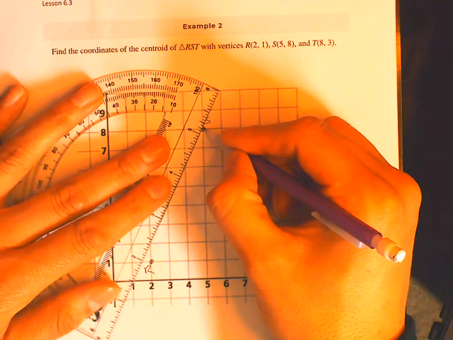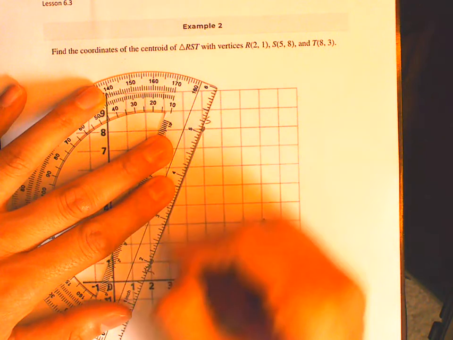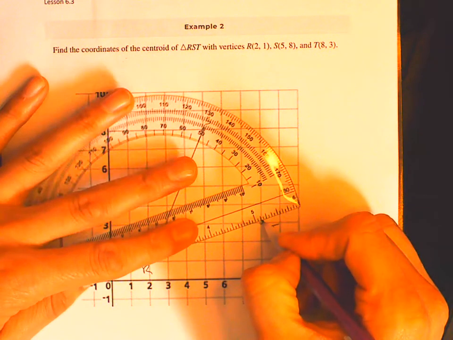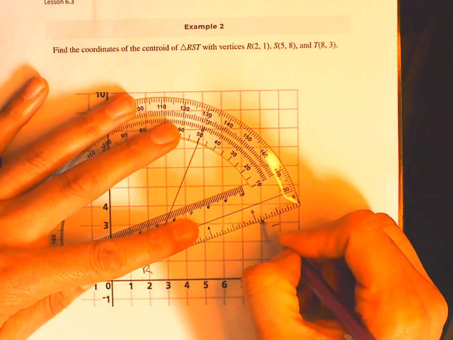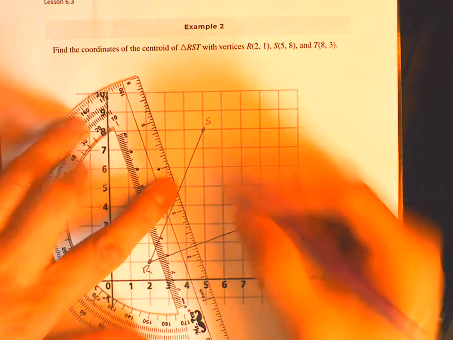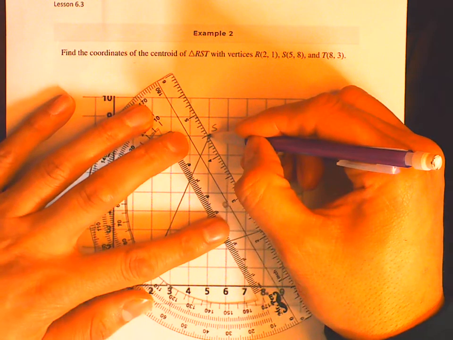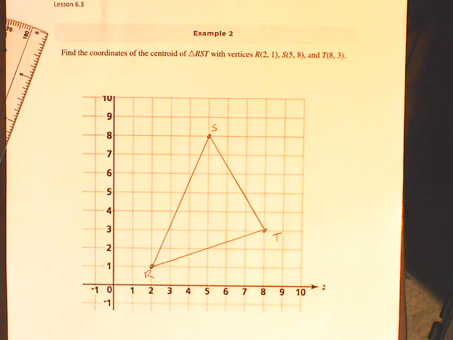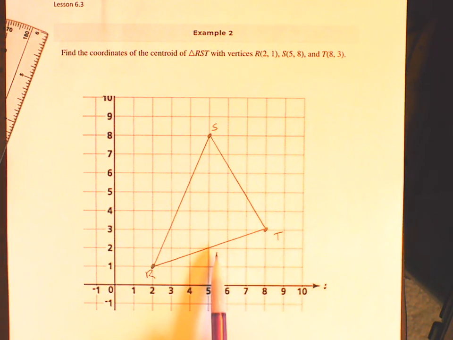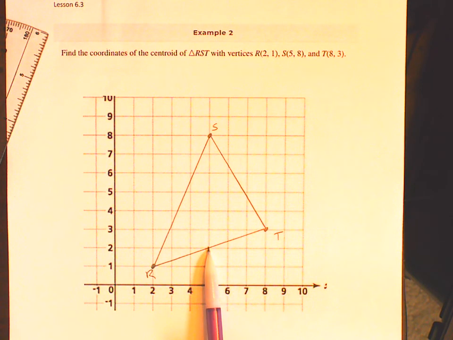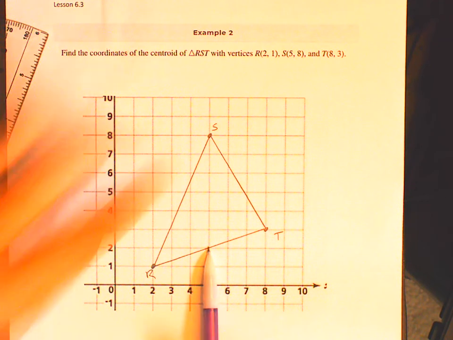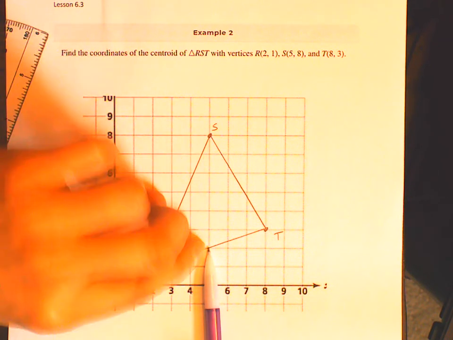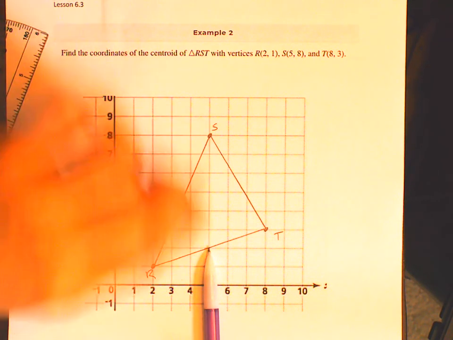When you do this, you want to look at which one of these medians is going to allow you to easily find that, because it's very complicated to do it for the others. So how do you figure it out? It's very simple. Take a look at this side. The midpoint is right here, so the median is going to lie on a horizontal or a vertical.